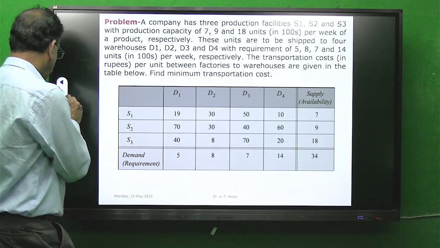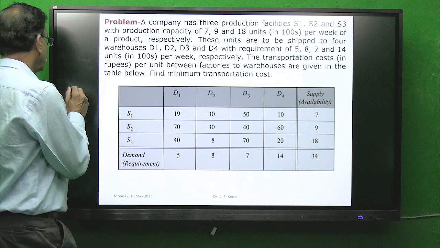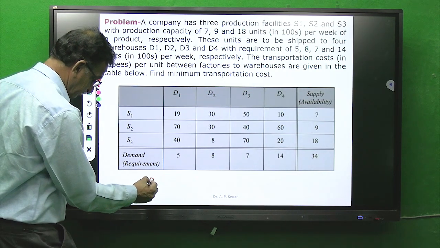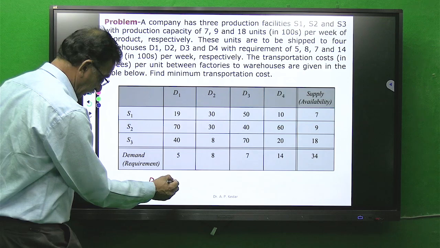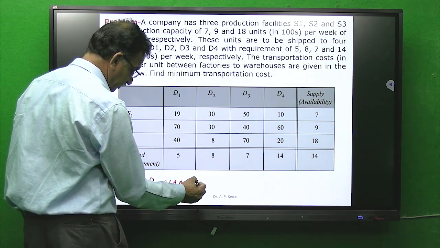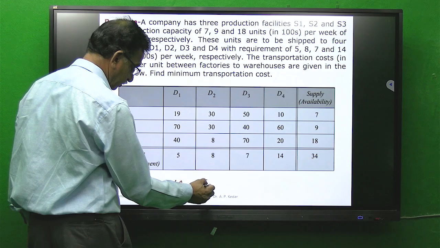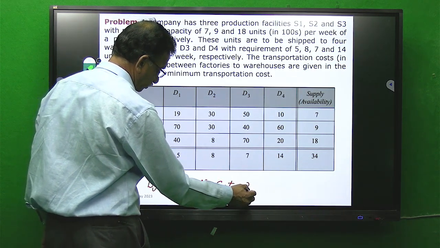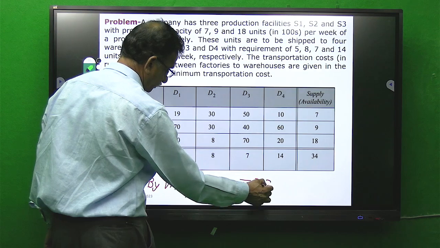And if you recall, by VAM our initial solution minimum cost was rupees 779.